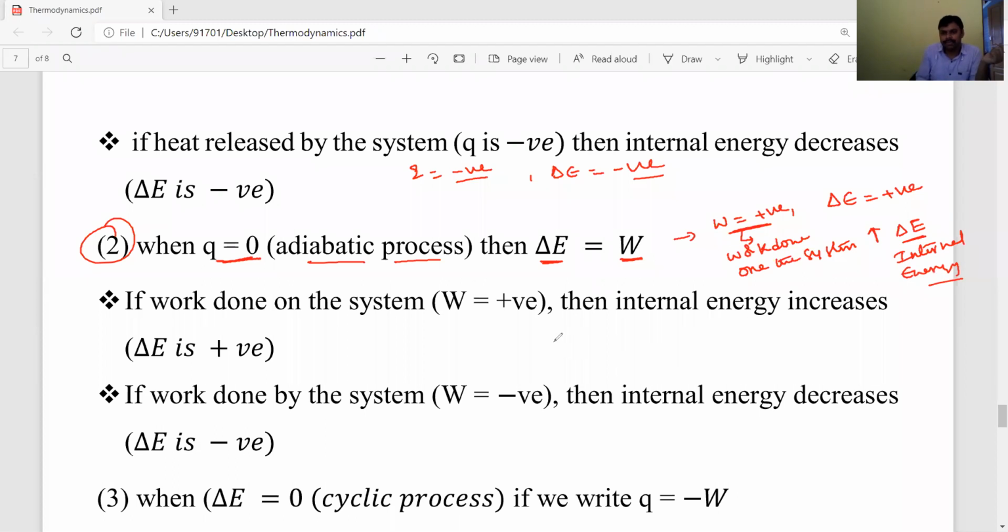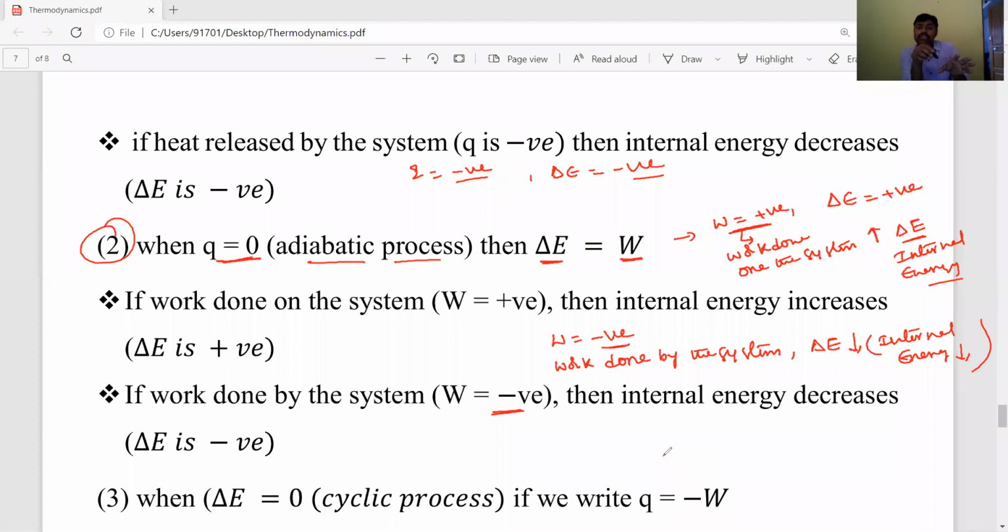Okay. Next, if work is negative, let's see. Work is negative means what? Work done by the system. Then what happens to internal energy? Then delta E decreases. Means internal energy decreases.